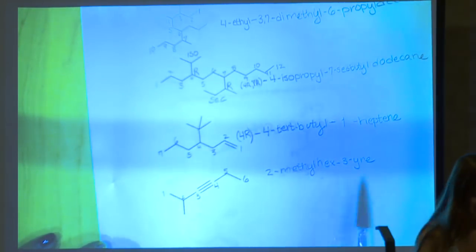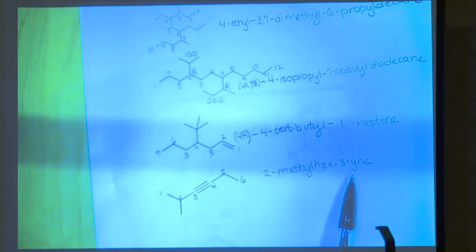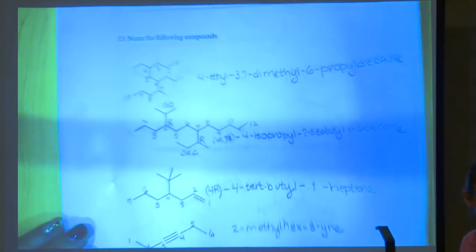So that's the other naming you can do, with the dash in the middle. Okay? Any questions on the naming for that? Okay? Yeah, what's up?